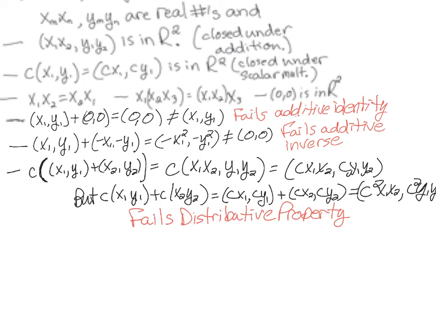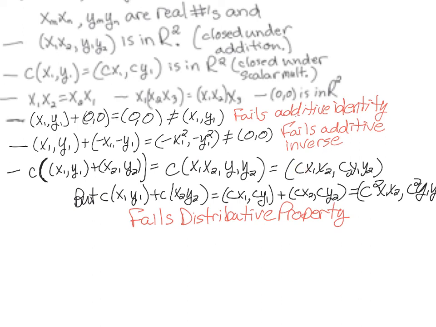If we have a scalar multiple of a sum, we're supposed to be able to get c times the first plus c times the second. And then if we use the distributive property in here, we would get c multiplying twice, which would be c squared times each of the pieces. Whereas by this definition, if we start on the inside, the sum of those two gives you this new point, and each of these things is multiplied by c.